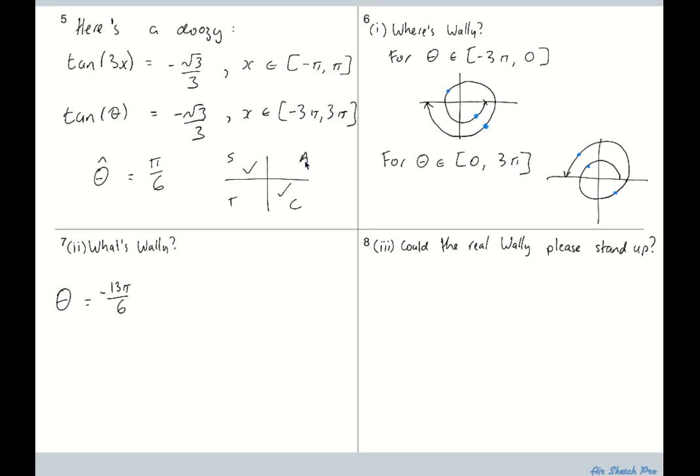Negative pi is negative 6 pi on 6, so if I'm adding another negative pi on 6 to it, I end up with negative 7 pi on 6. Again, I'm not putting those fraction calculations down, so it's really hard to see. If you look back on these notes and wonder how I got these numbers, you're going to have to go to the video, right?